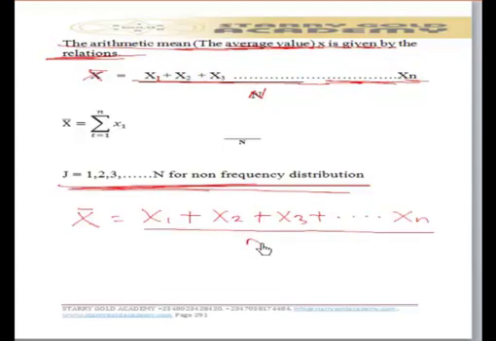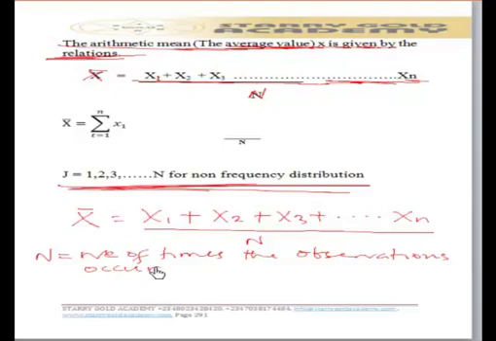So like I told us here, n is equal to the number of times the observations occur. Then we have the x1 to xn, which represents the set of data from 1 to n.